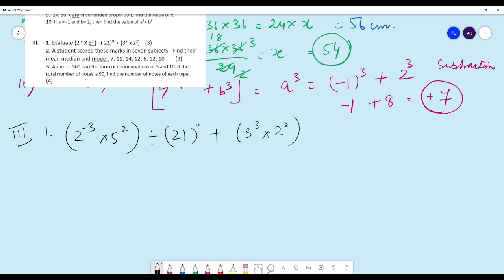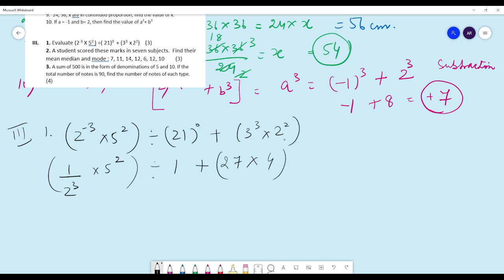That was the question. Now 2 to the power of minus 3, remember students, 2 to the power of minus 3 does not mean minus 8. It means 1 by 2 to the power of 3. This is a numerator, so if you change it into positive, it comes to the denominator and it remains 5 square divided by, now anything to the power of 0 is 1, plus 3 to the power 3 is what? 27 into 4.